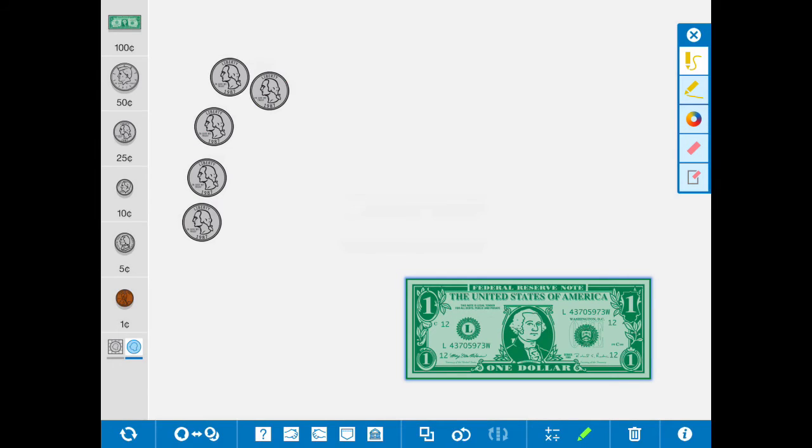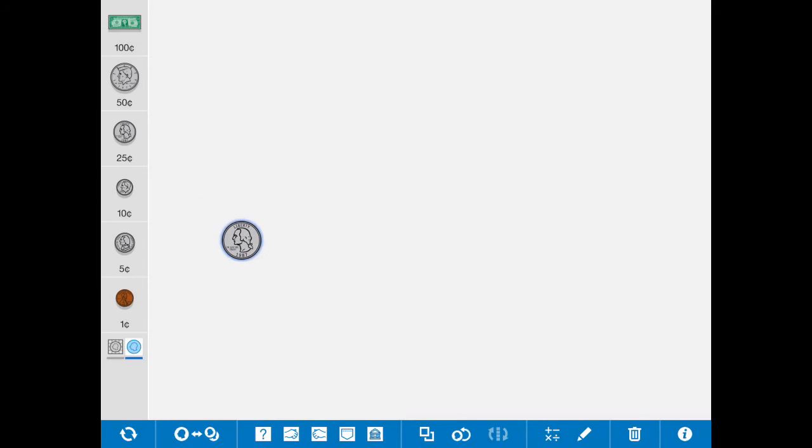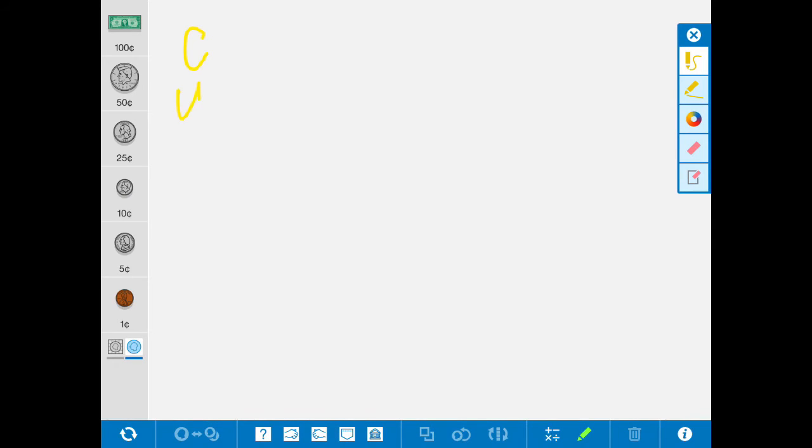Today, you're using CUBES to solve 4 word problems. When you're using CUBES, you need to remember to circle any number, underline the question, box in keywords. That would be like total, amount.